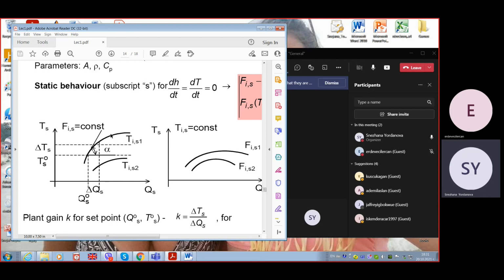But in another operation point, the same change of 10 may increase temperature by 50. So we'll have gain K of 5. So one and the same change of input causes 2.5 times greater change of temperature.